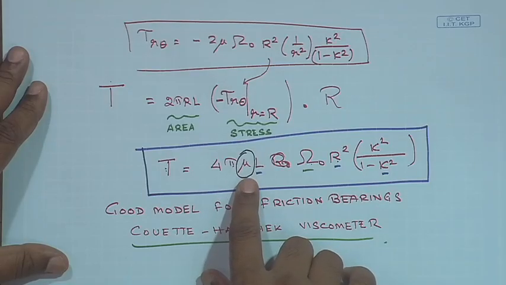So, in order to maintain the assumptions in the system, it is always customary to rotate the outer one and not the inner one, such that laminar flow can be maintained for a longer duration, for a higher value of omega naught, the rotational speed, and you can still use the expression to obtain the unknown mu.